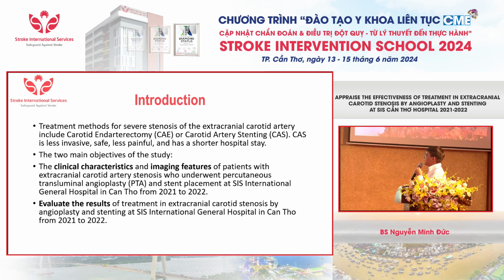The treatment for severe stenosis of the extracranial carotid artery includes carotid endarterectomy or carotid artery stenting, which we call CAS. CAS is less invasive, safe, less painful, and has a shorter hospital stay.